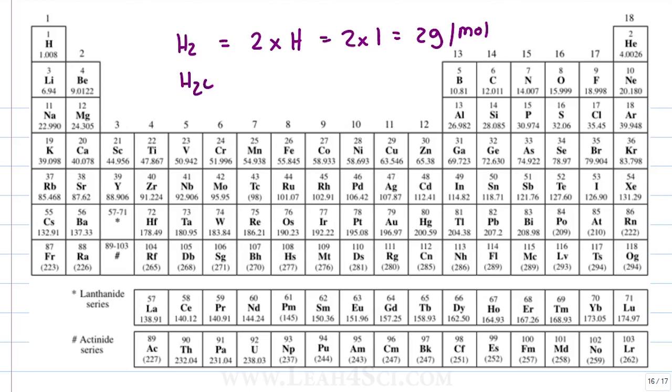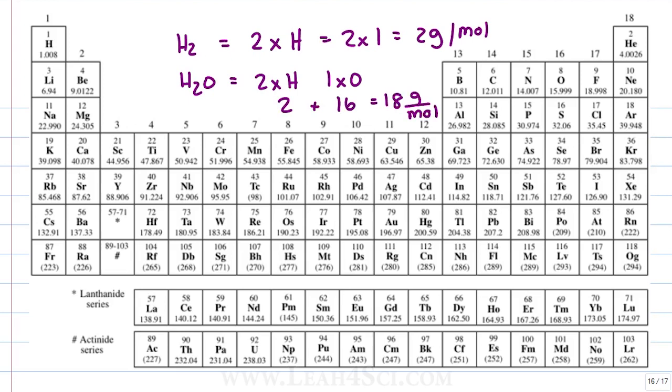If I want the molar mass of H2O, this is something to memorize. I need to find the mass of the sum of the individual moles of atoms. That means I have 2 times hydrogen and 1 times oxygen. 2 hydrogens weigh 2 grams, 1 oxygen weighs 16 grams, 2 and 16 is 18 grams per mole.